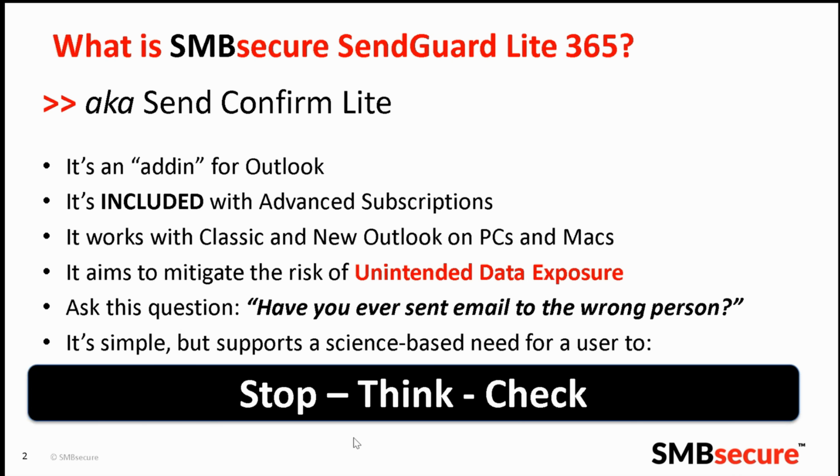SendGuard Lite 365 is a really simple add-in, but it's supporting a science-based need for a user to stop, think, and check. Just those three simple things can really help save the day, especially with fast thinkers and people who operate quickly. It makes all the difference just to prompt or pause them for a moment to look into who they're sending it to.